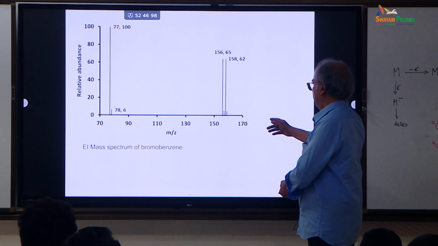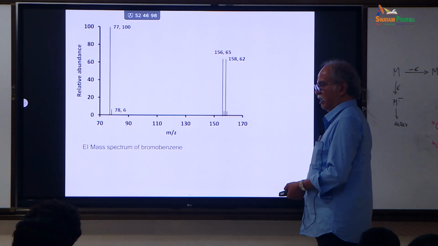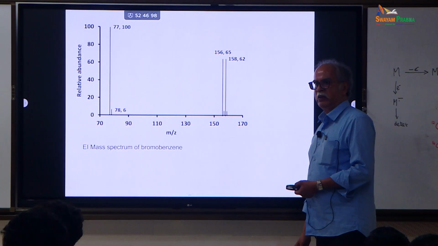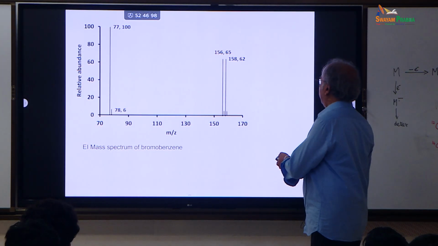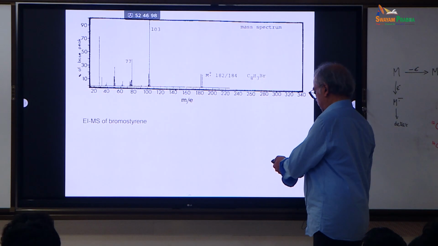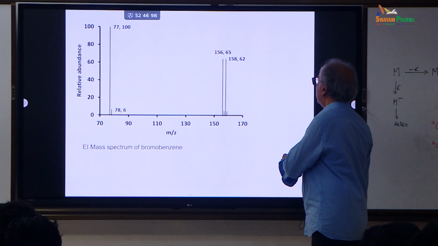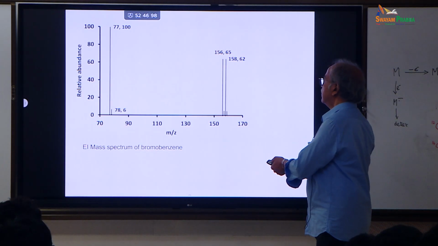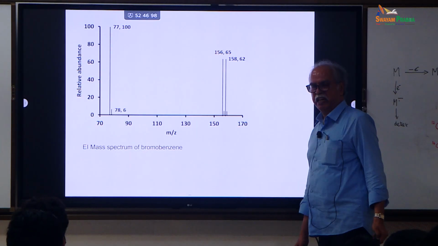This is a mass spectrum of bromobenzene. Bromine 79 and 81 are there. Look at the peak at 77, which is the phenyl radical.